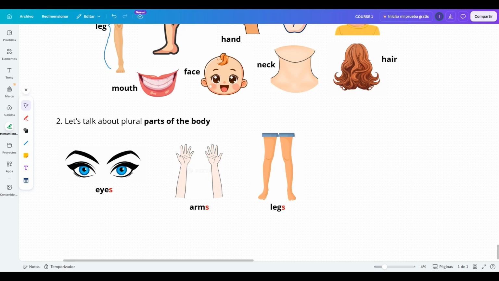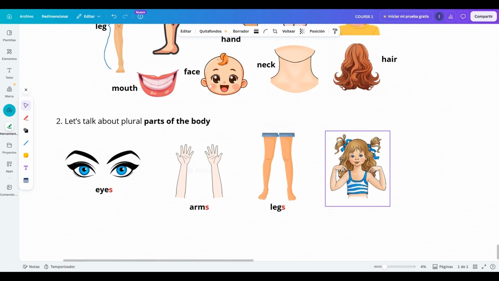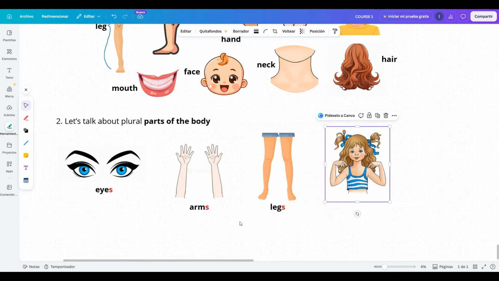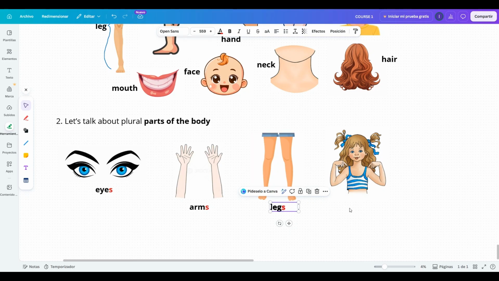Look at this picture. Two shoulders. All right. Look at this picture. What can we see here? A girl. Yes. Touching her shoulders. Shoulders.